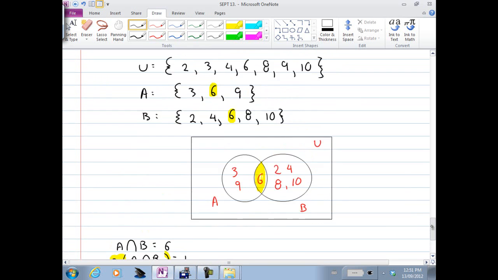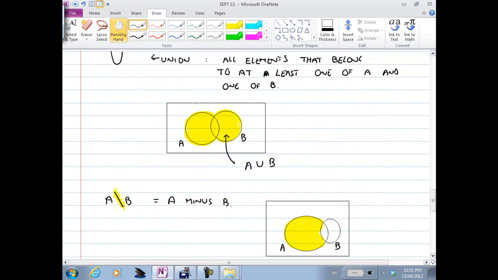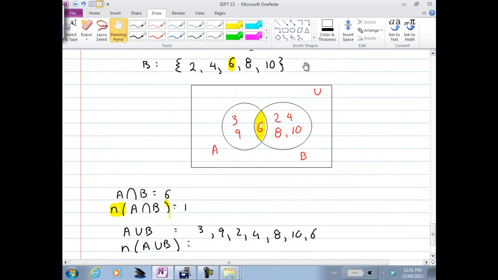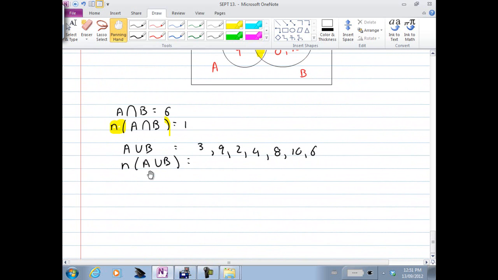Because if you look at my way I count the union. Union means everything here, plus everything in the middle. That's union. Now I'm asking something new, which is I count 1, 2, 3, 4, 6, 7. Voila.